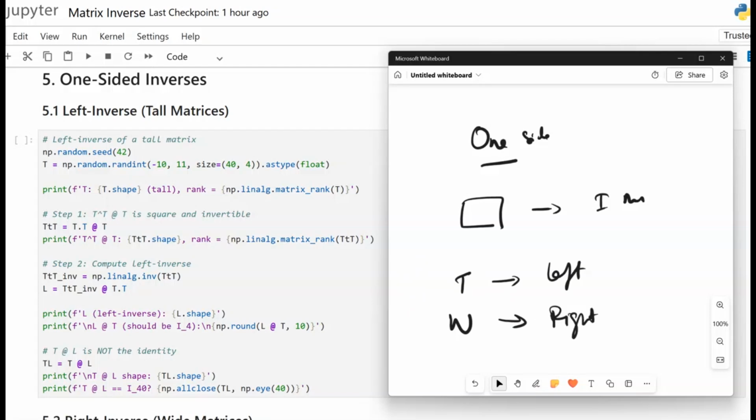A non-square matrix has a one-sided inverse only if it has the maximal possible rank. That is, a tall matrix has a left inverse if it is rank n, that is full column rank, and a wide matrix has a right inverse if its rank m is full row rank.